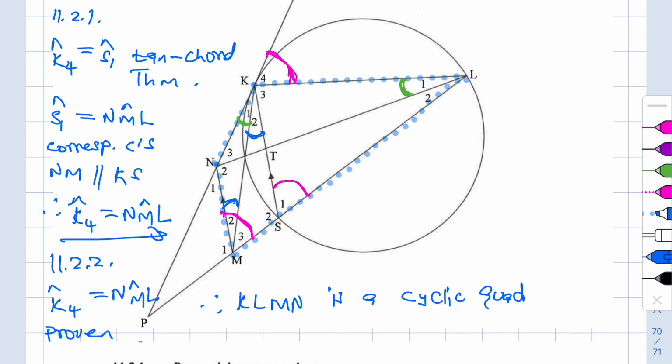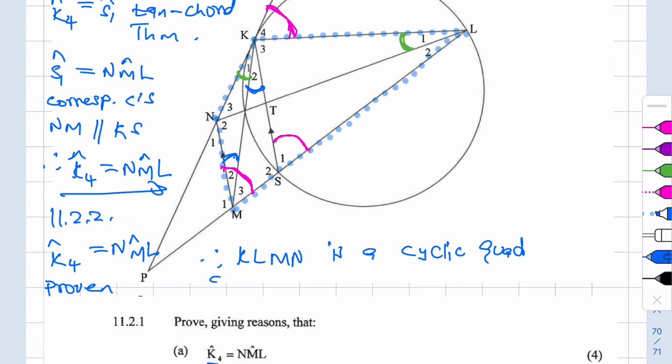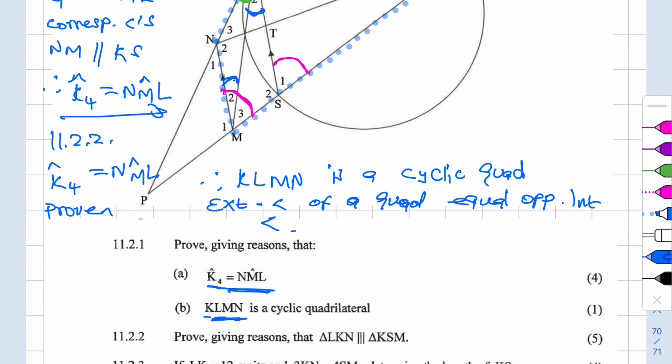Why? Because this is an exterior angle equal to the opposite interior angle. So that would be exterior angle of a quad equal to the opposite interior angle. So that's the end of that question. It was only for 1 mark.